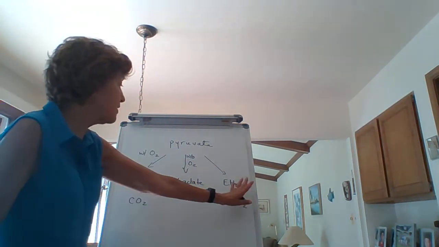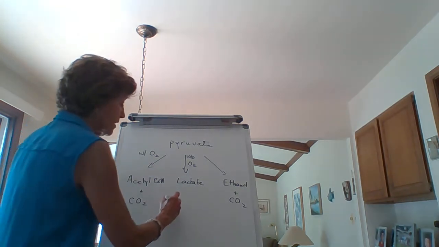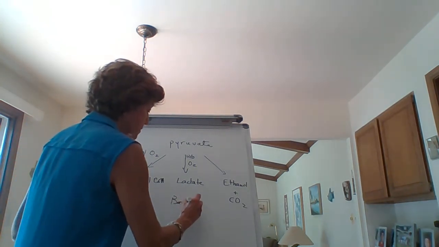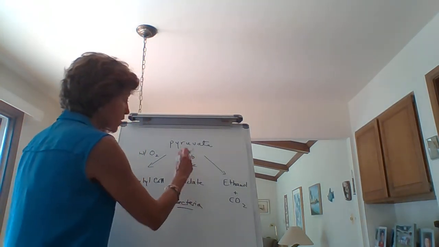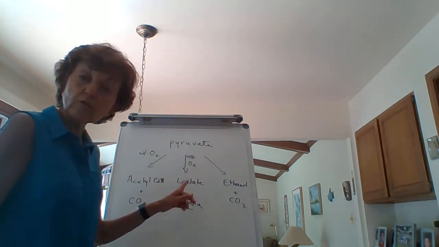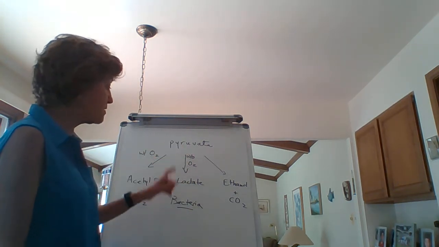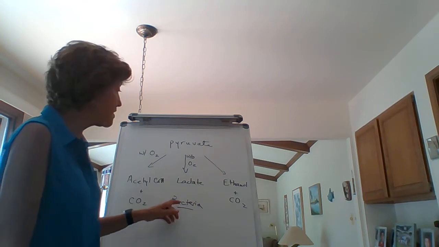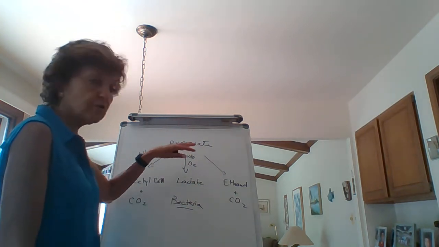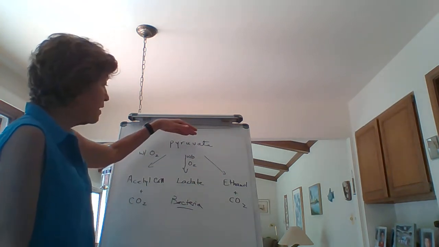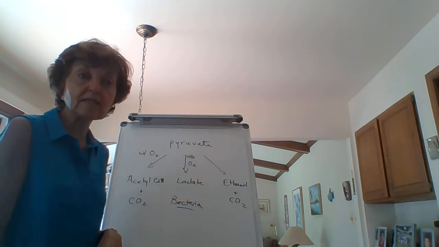Now, before I move on, in bacteria, they do this also. So under anaerobic conditions, human muscle cells, but also bacteria, will turn pyruvate into lactate.